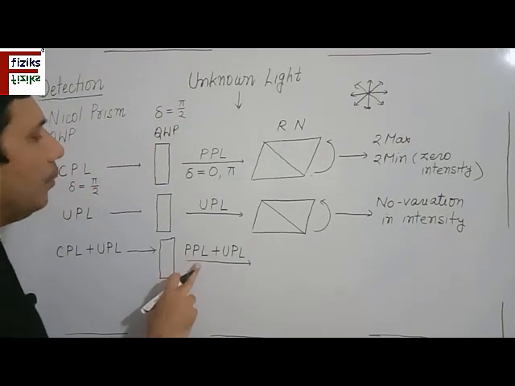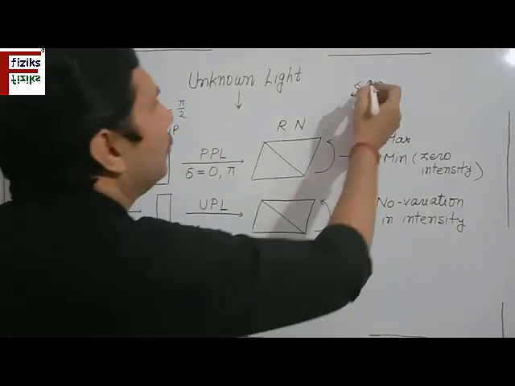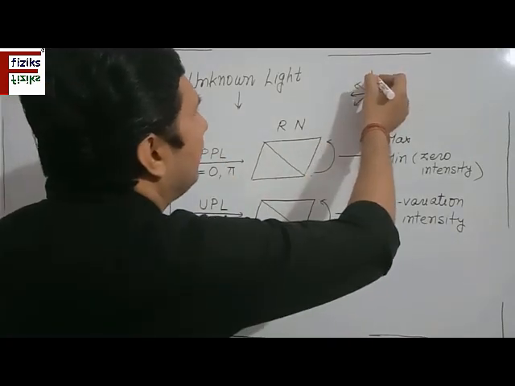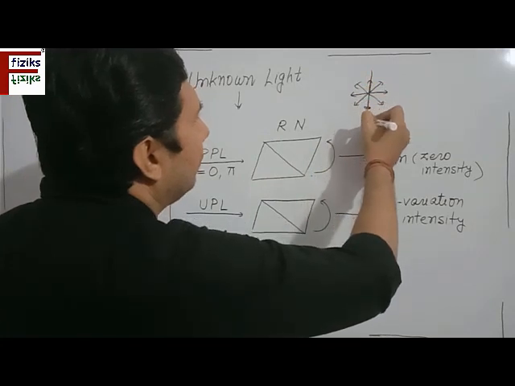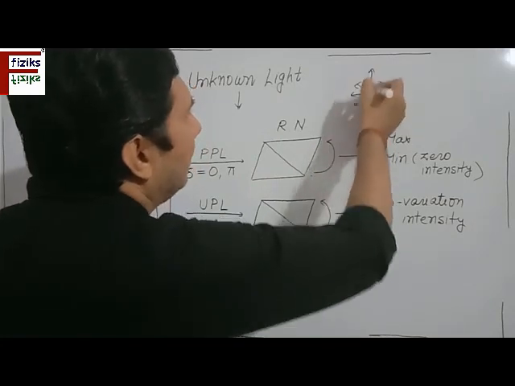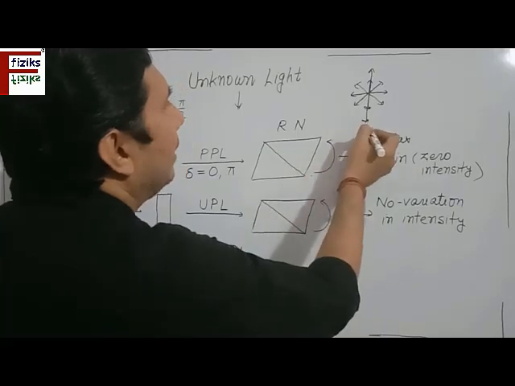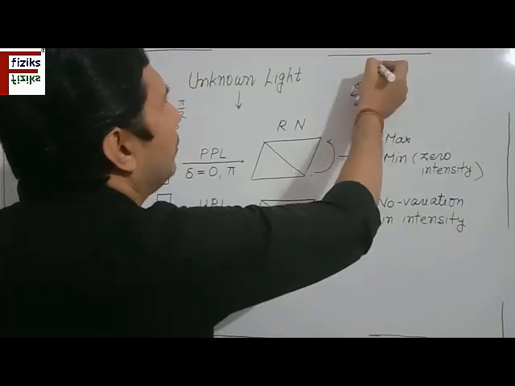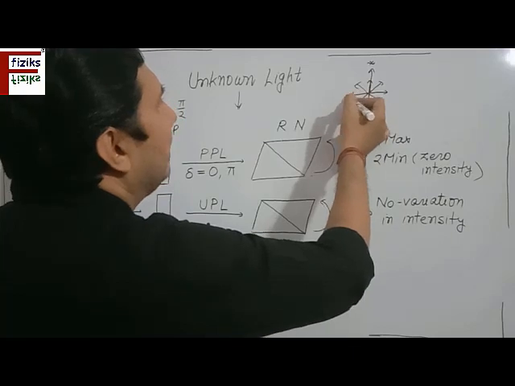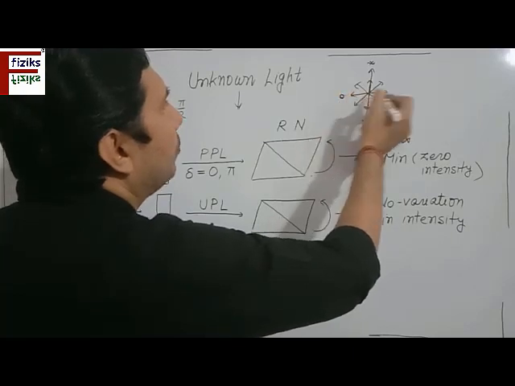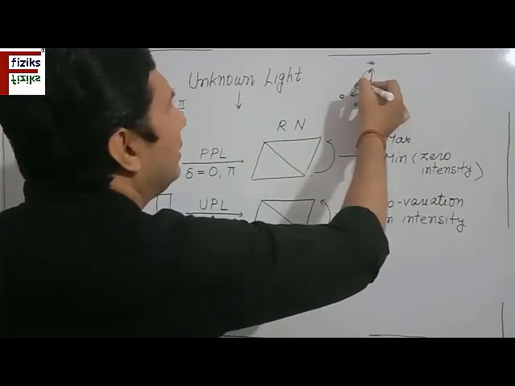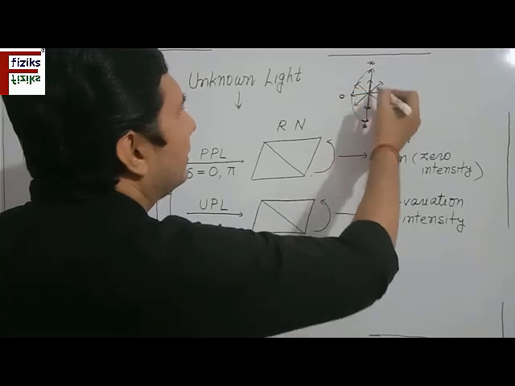If plane polarized light is superimposed or mixed with this, suppose the direction of the electric vector of the plane polarized light is this, then these two directions correspond to maximum intensity and these directions correspond to minimum intensity. So the intensity variation will be like this.